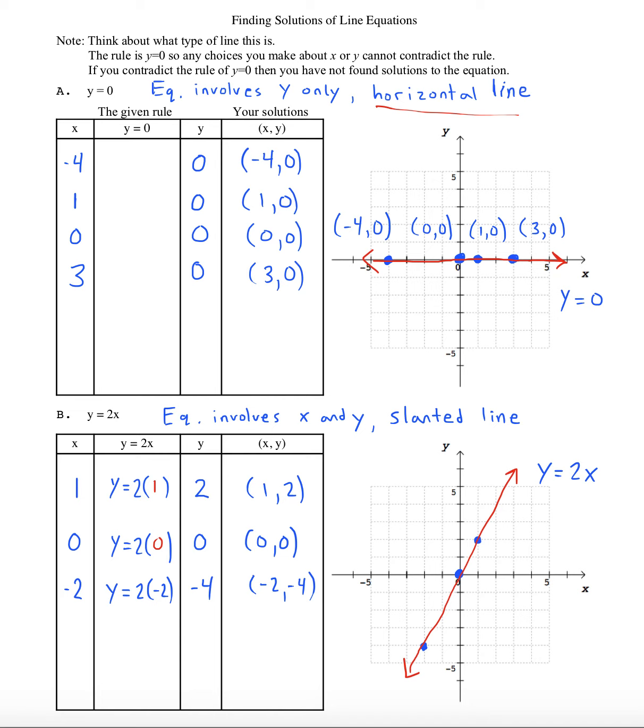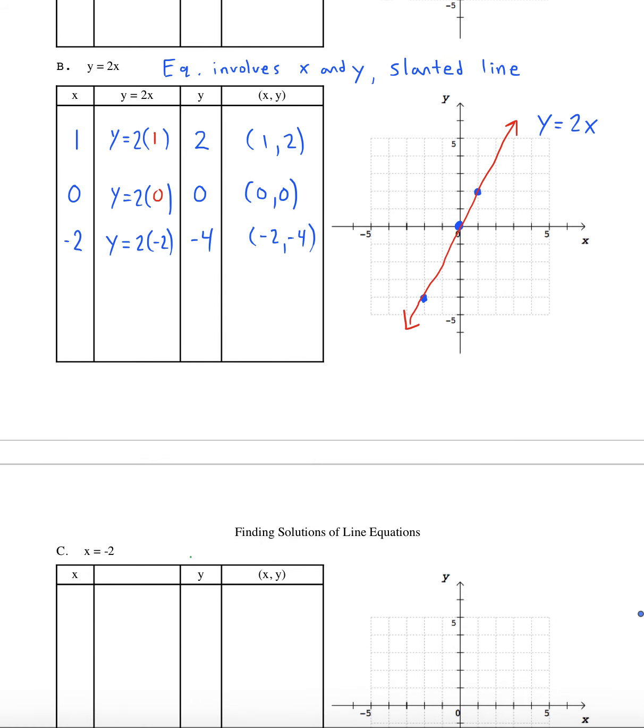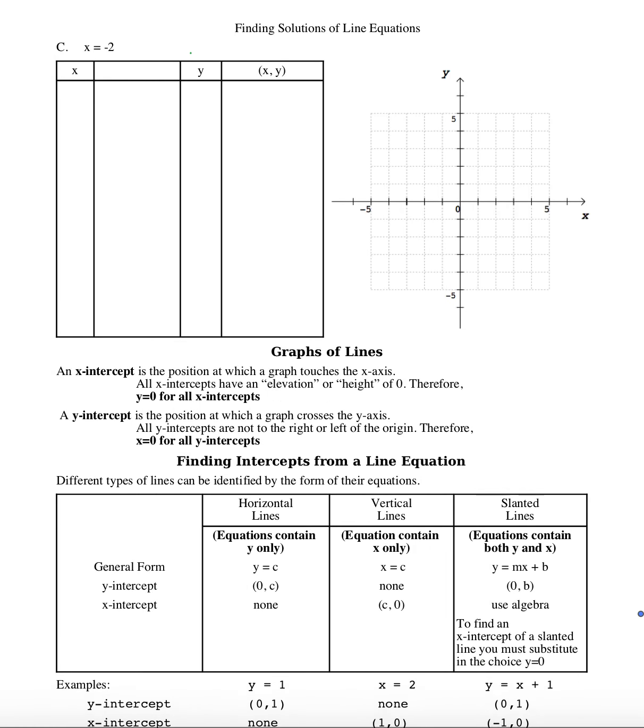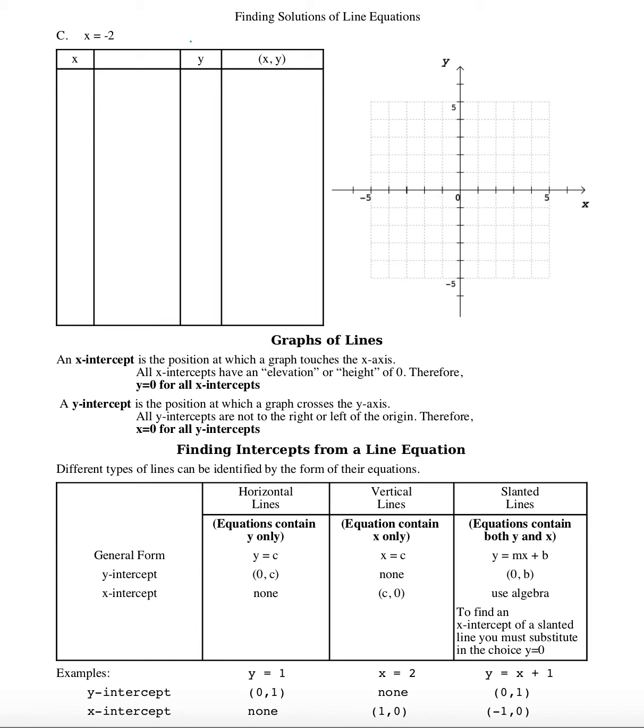All right, we'll try just one more here. Equation is x equals -2. Notice that our equation involves x only. So what type of line is that?